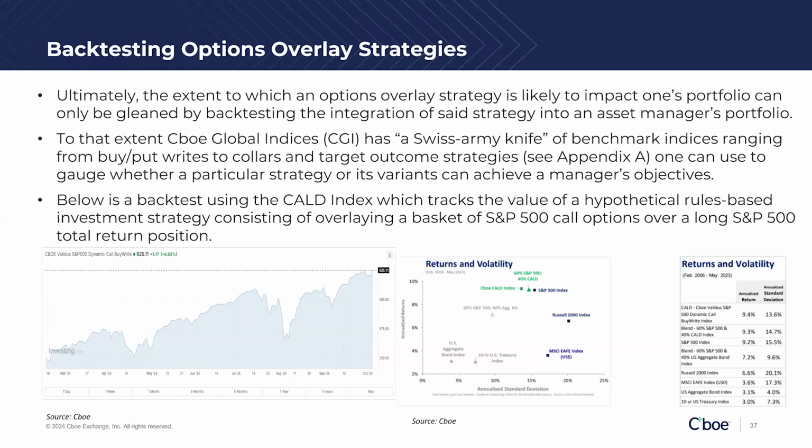The main takeaway, shown on the table on the right-hand side, is that for fairly normal markets where the S&P is trading within 1 to 1.5 standard deviations, oftentimes you see higher returns with lower volatility, meaning you see a better Sharpe ratio when you include options-based ETFs in your equity portfolio.